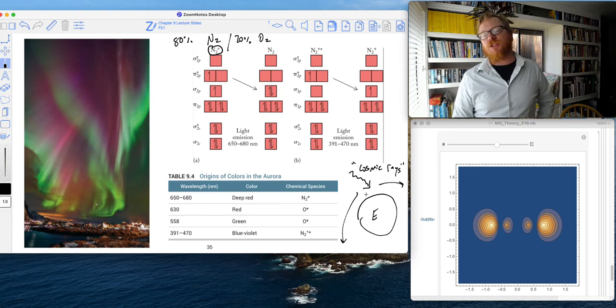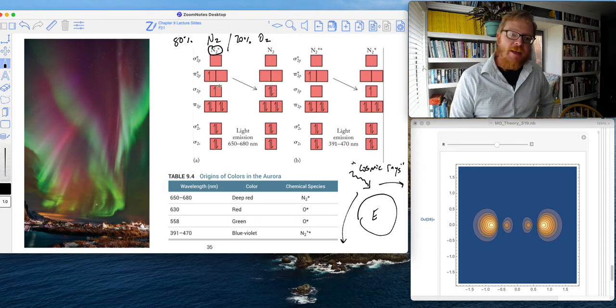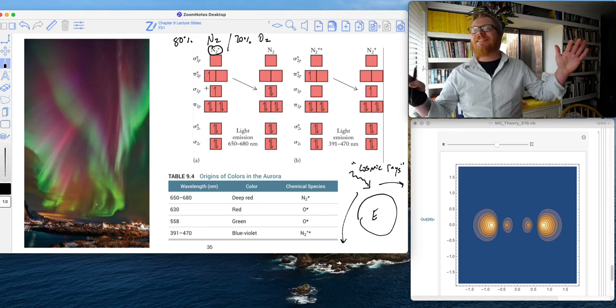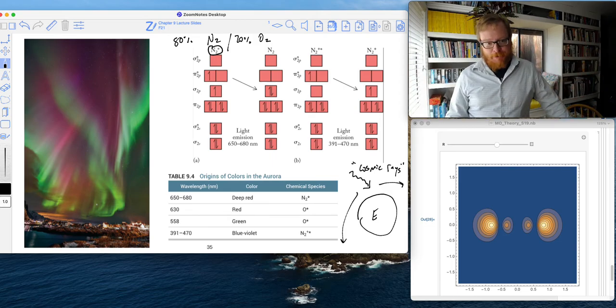However, some of them can strike the top of the atmosphere and cause an electron to promote to an excited state, right? So here's my ground state nitrogen. And notice that when a cosmic ray strikes it, it gets promoted, right? One of those electrons unpairs and it gets promoted to an excited state. Well, that nitrogen wants to release some of that excess energy.